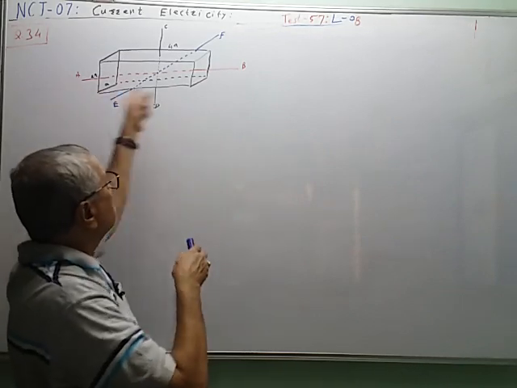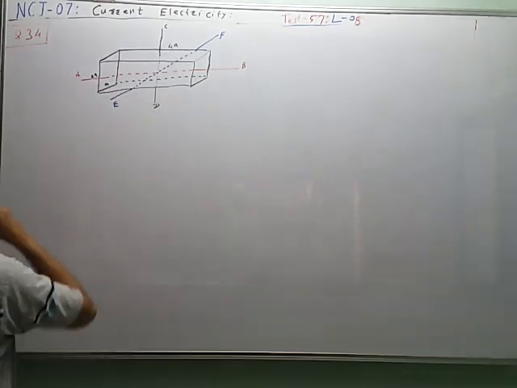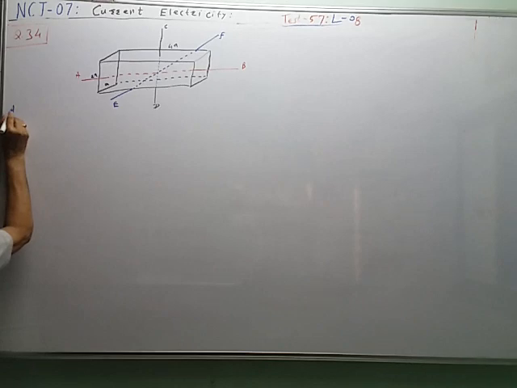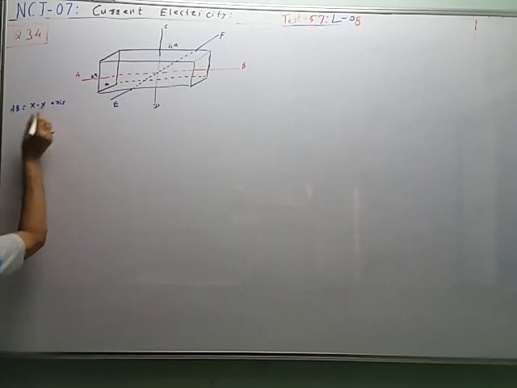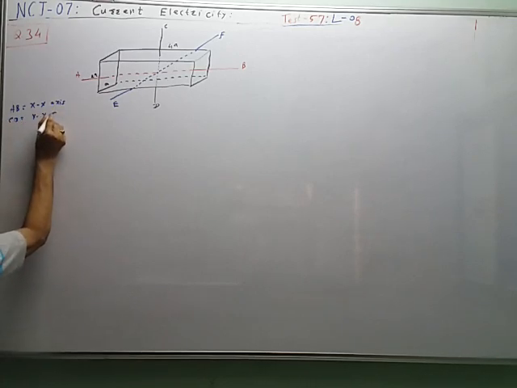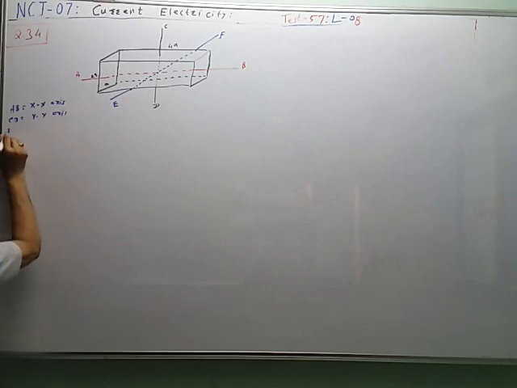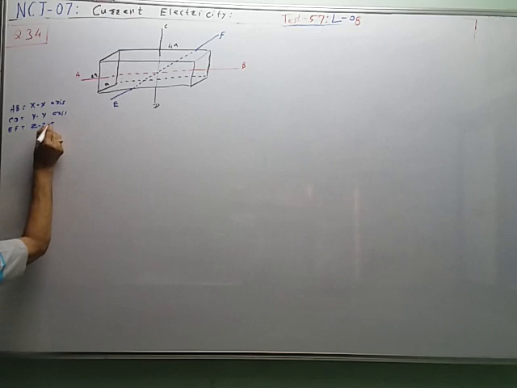This AB line is the x-axis, CD is the y-axis, and EF is the z-axis.